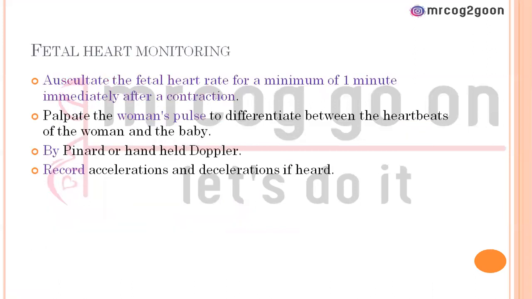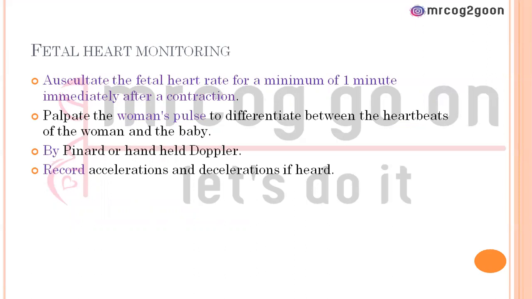Okay. Fetal heart monitoring. For any low risk woman, we will go for intermittent auscultation. We will learn in a few minutes how frequently we do intermittent auscultation throughout delivery.